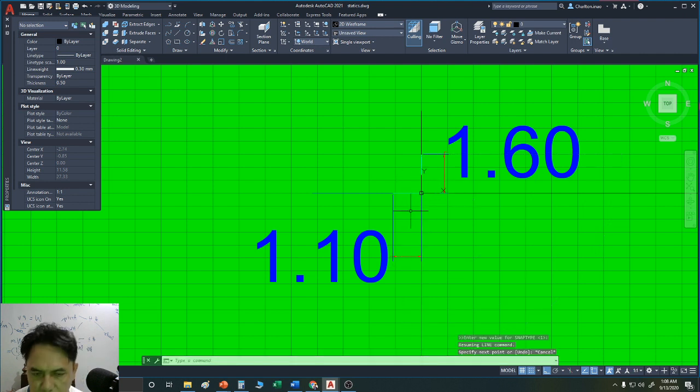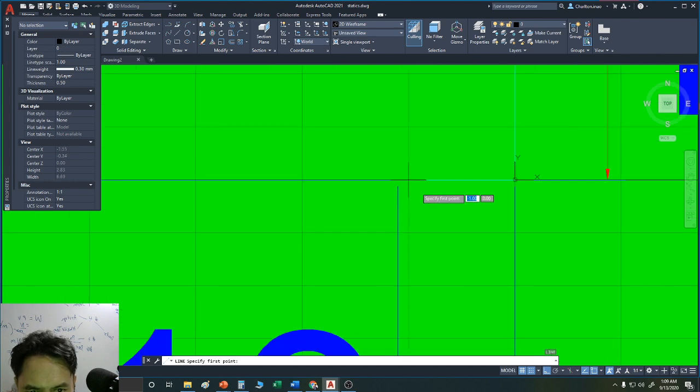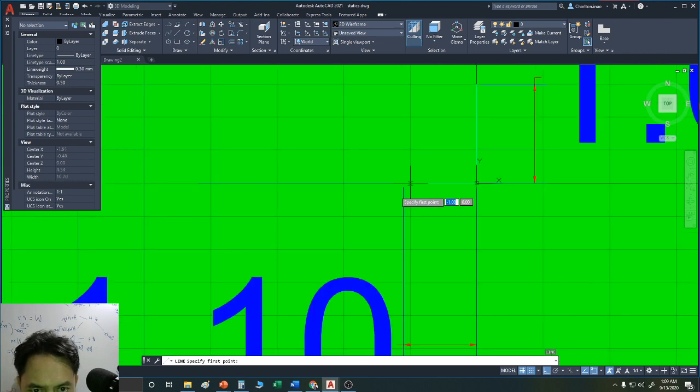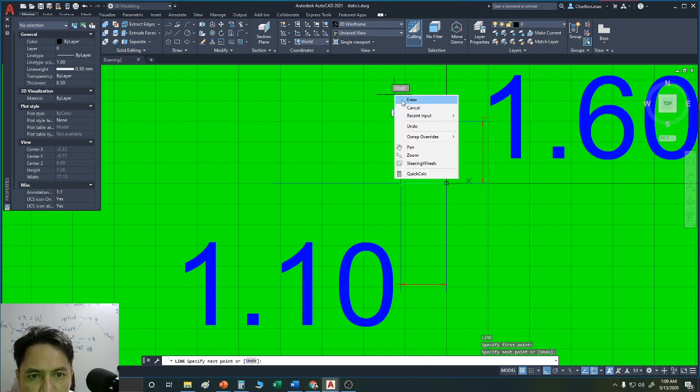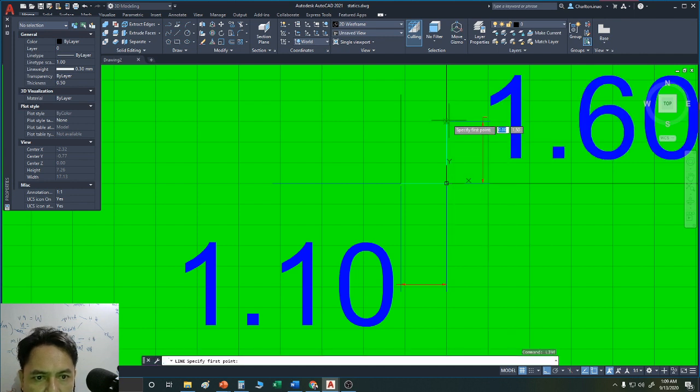It is in the polar snap. So line here is 1.1, right? Snap off. So this is 1.6, right? From here, if you are going to project, and then here.